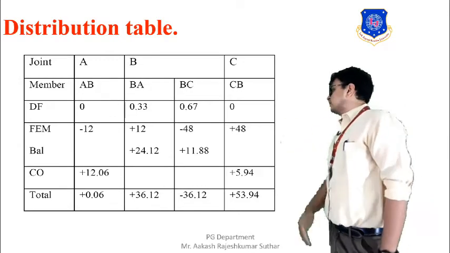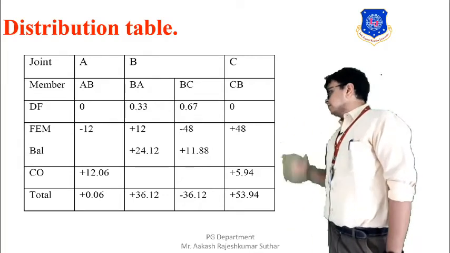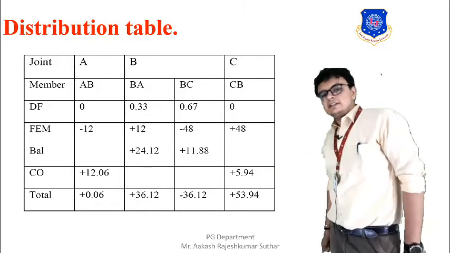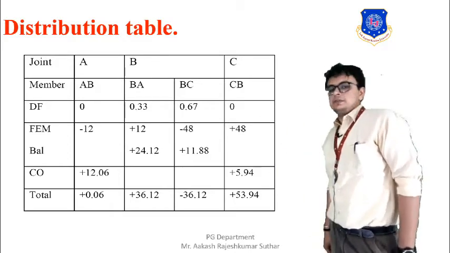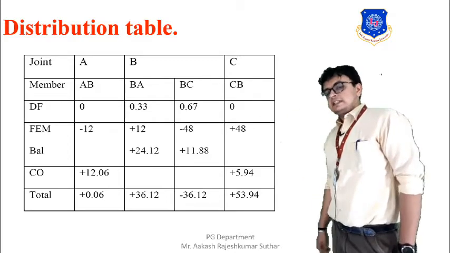Again, moving towards joint C, there we only have the member CB, so there you can see the distribution factor is 1. So yes, you have to keep it over here.